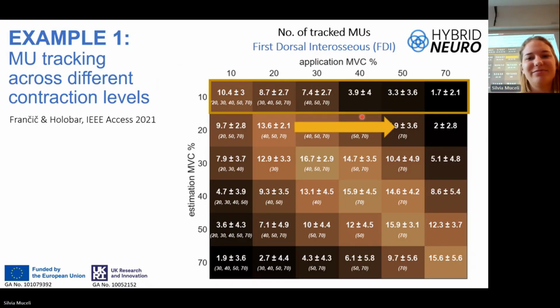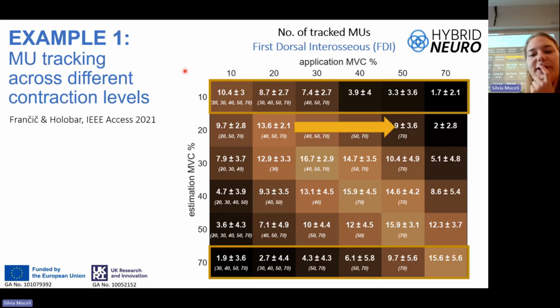And why did that happen? Well, as we said before, when we are increasing the contraction level, also the crosstalk will be increased. And that's why tracking of motor units from lower to bigger contraction levels can be a big challenge, because crosstalk is also increasing and identification of motor units is becoming much harder.